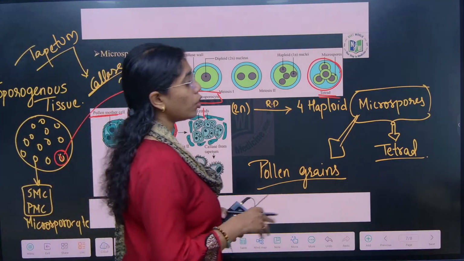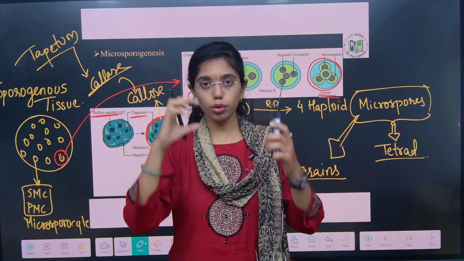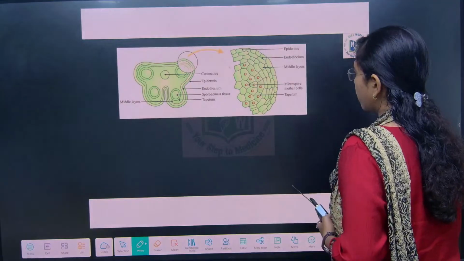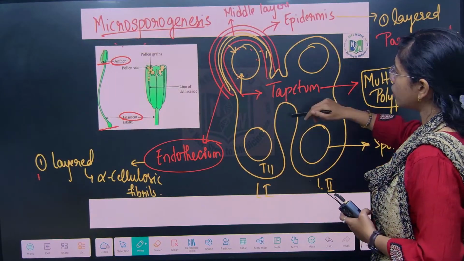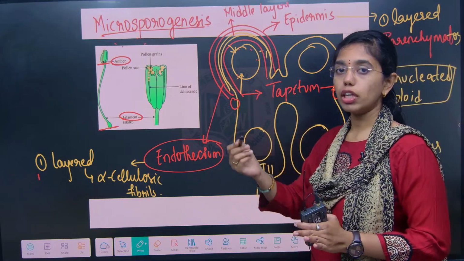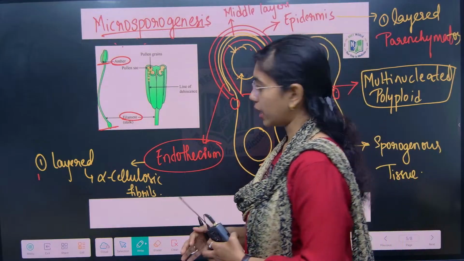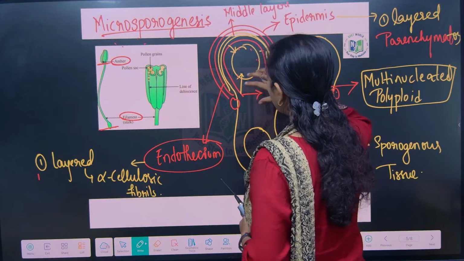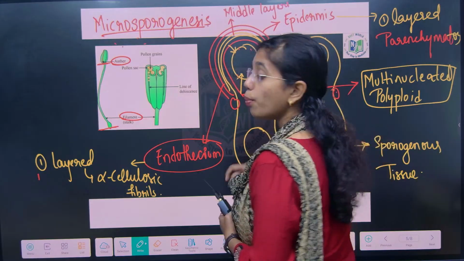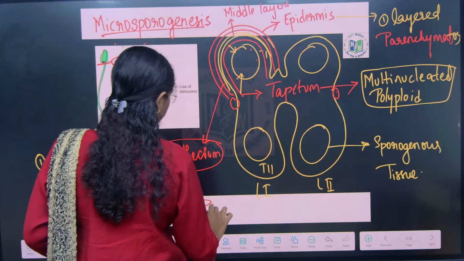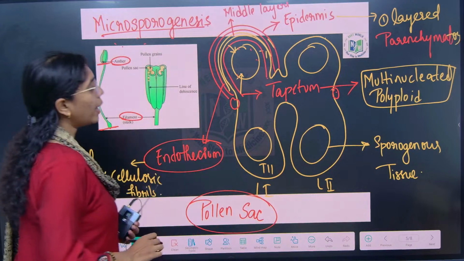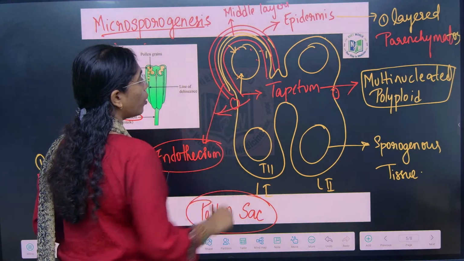Initially we saw 4 sporogenous tissues in 2 lobes, each lobe having 2 sporogenous tissues, with a line of dehiscence in between. In due course of evolution from microspores to pollen grains, this entire thing will turn into a pollen sac. Fine, right? And each sac will liberate the pollen grains.